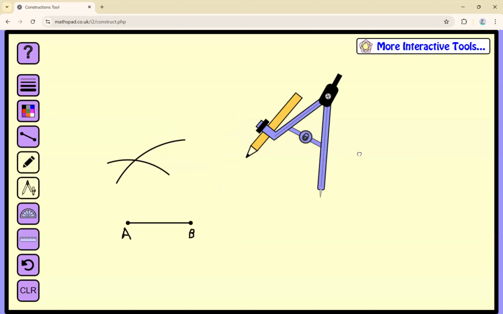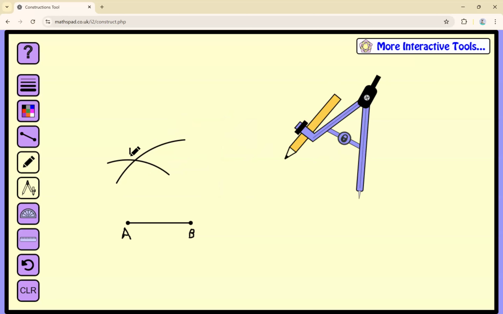Now this will be point D already. Point D. Let's join point D to A. The next one we will go for BC 3.5.